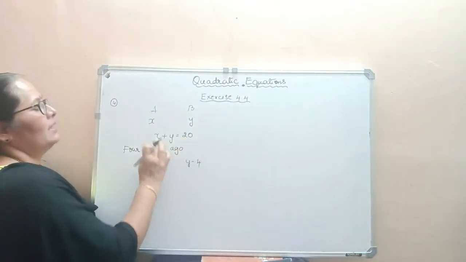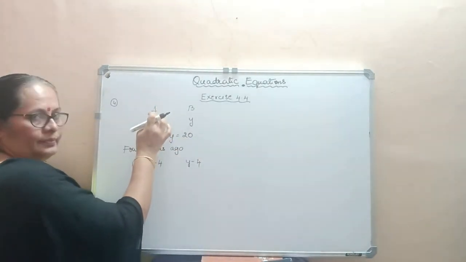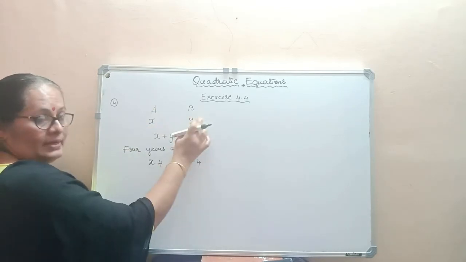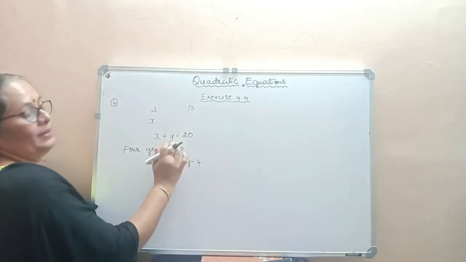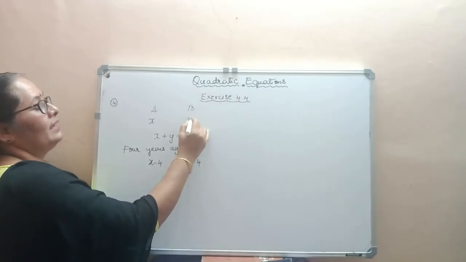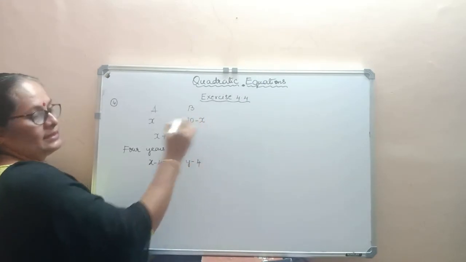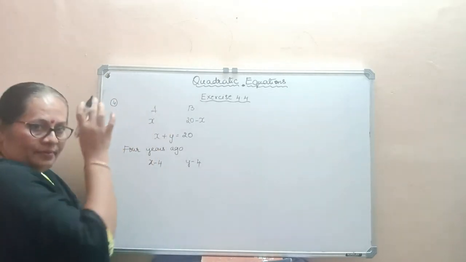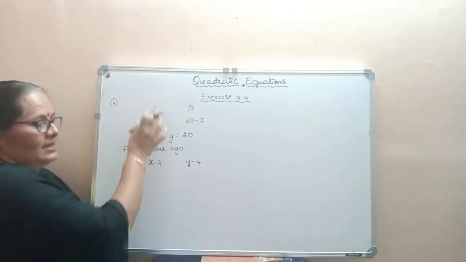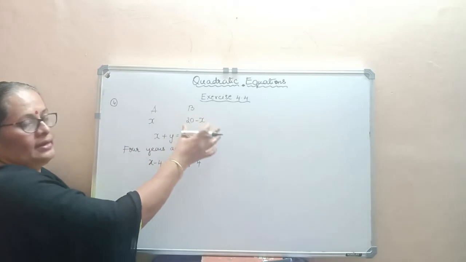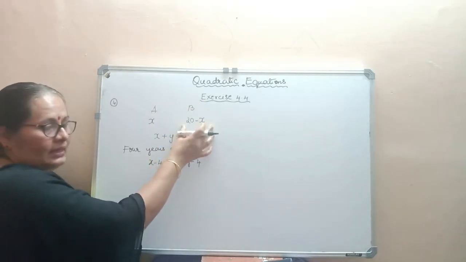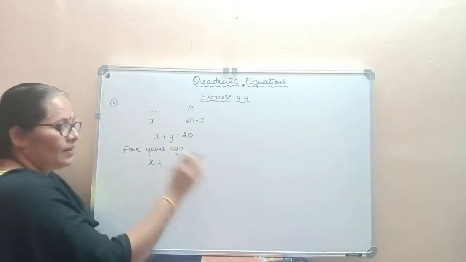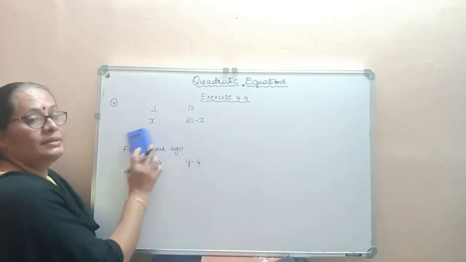It means, take A as x years. Then what will be B's age? B's age will be 20 minus x. So let the first friend, friend A's age, be x and friend B's age be 20 minus x, because the sum of their ages is 20.